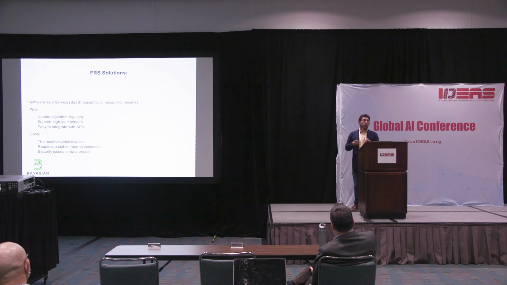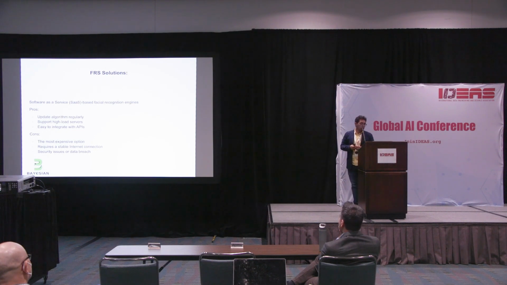Anytime they have a new data set, they train it, they can easily just swap the model. It supports a high load of input if you have multiple cameras, it's easily scalable, and it can easily integrate with APIs. So if you have an application or software, you just call some API on the internet and get the response, you can easily do that.